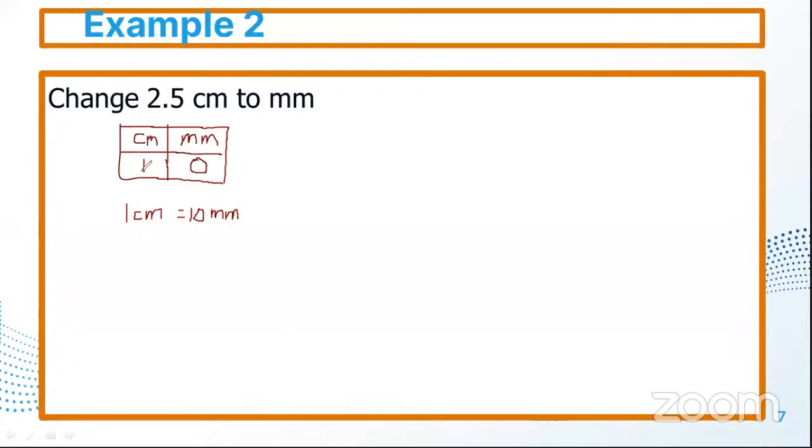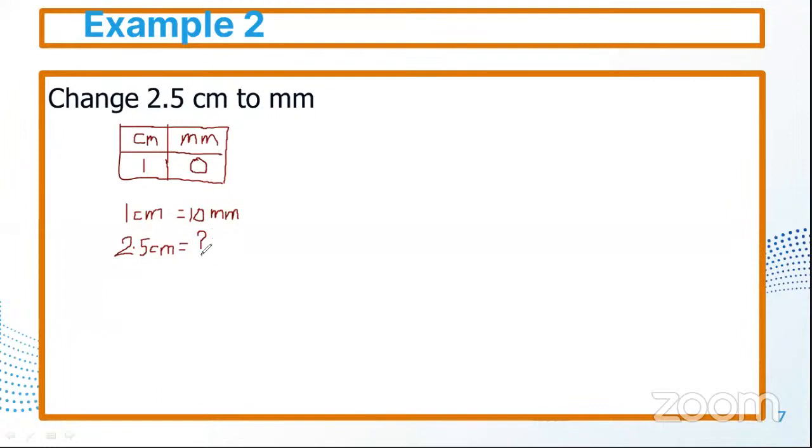So that means 1 centimeter is 10. The 1 zero here is representing 10. So now you are changing 2.5. If 1 centimeter is 10, how about 2.5? 2.5 centimeters equals to, what do we get here?